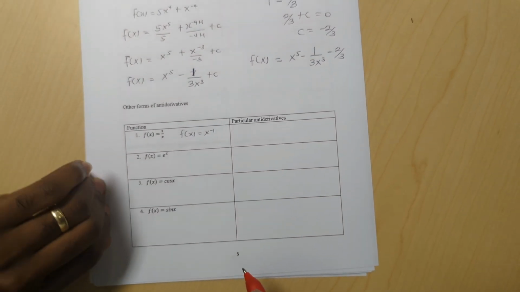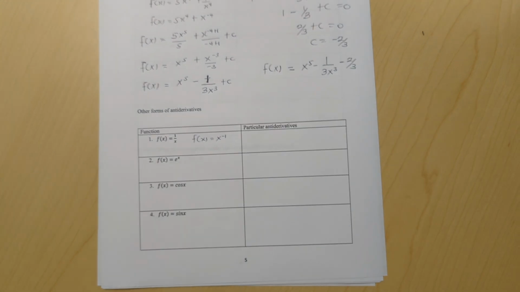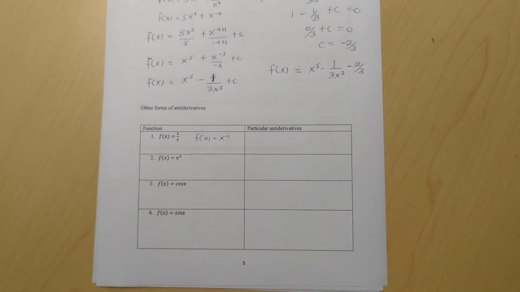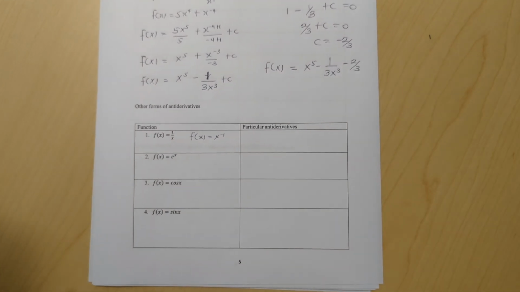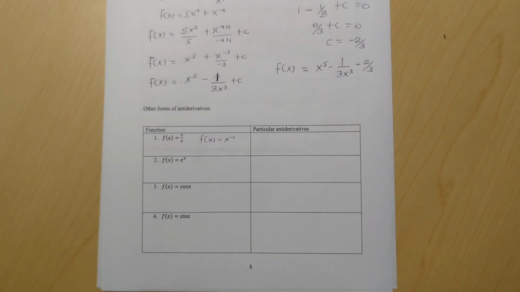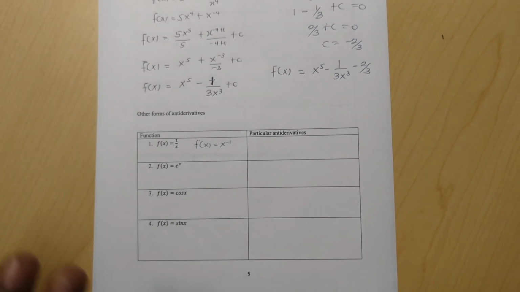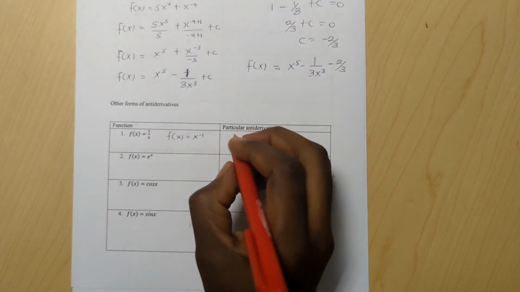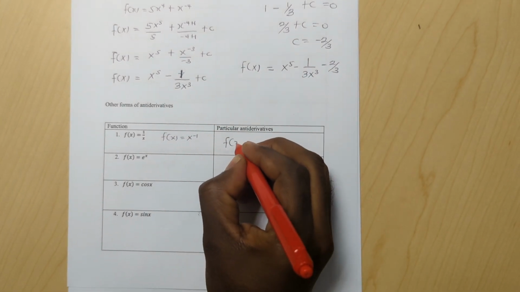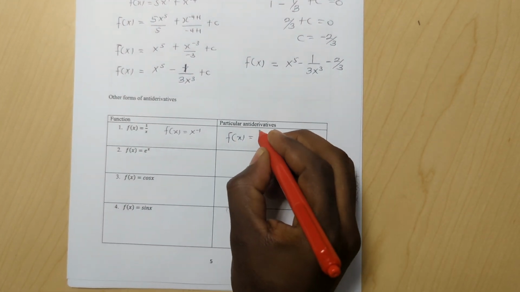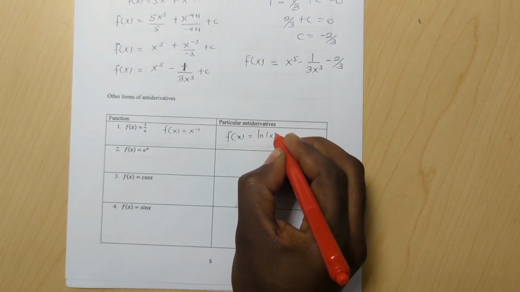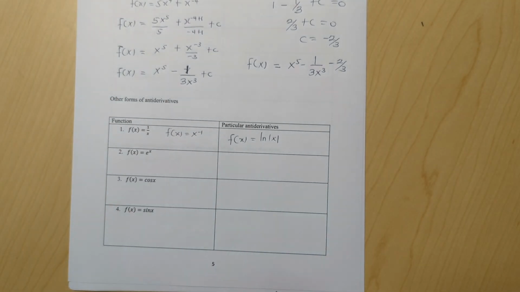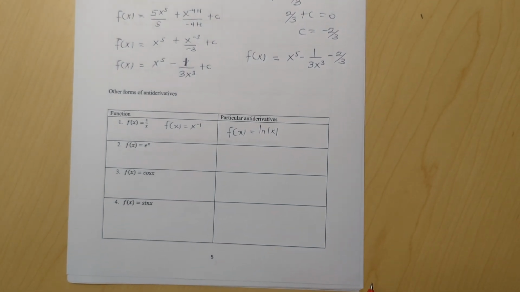But remember that we said that if we differentiate a particular function and we get the function under discussion, then that particular function is the antiderivative of the function. So when we differentiate ln absolute value of x, the answer will be 1 over x. Remember when we were doing derivatives.